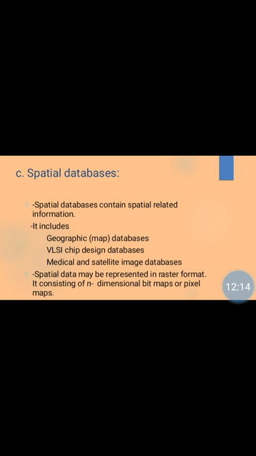The spatial databases contain spatial related information. It includes geographic data, maps databases, VLSI chip design databases, medical and satellite image databases. It may also be represented in raster format, consisting of n-dimensional bitmaps or pixel maps.